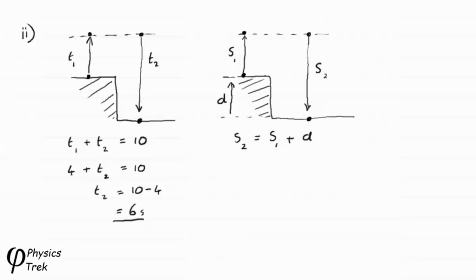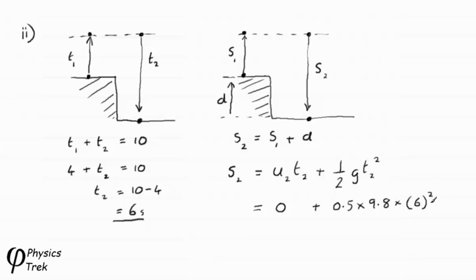The obvious one with our subscripts added is S2 equals U2 T2 plus a half G T squared. Putting the numbers in and remembering that U2 is 0, S2 equals 0 plus 0.5 times 9.8 times 6 squared, which comes to 176.40 meters.